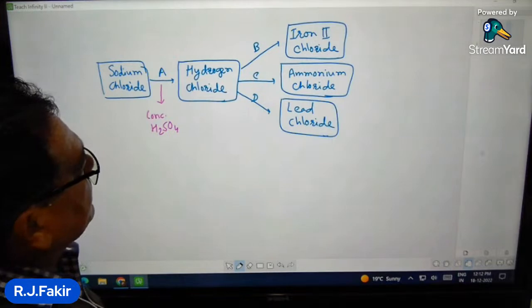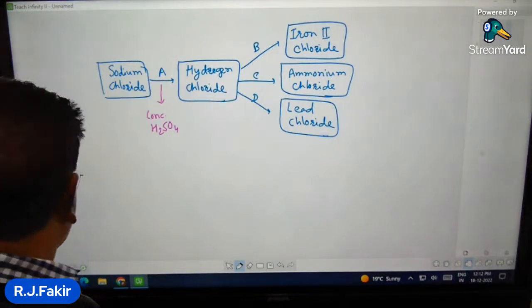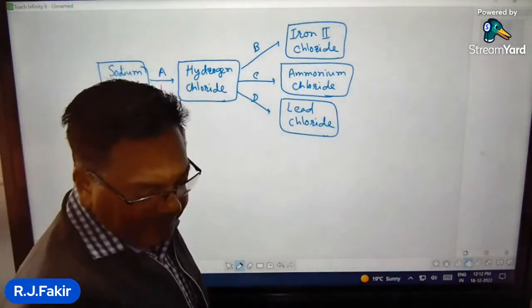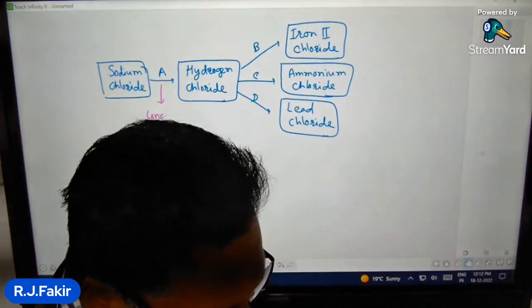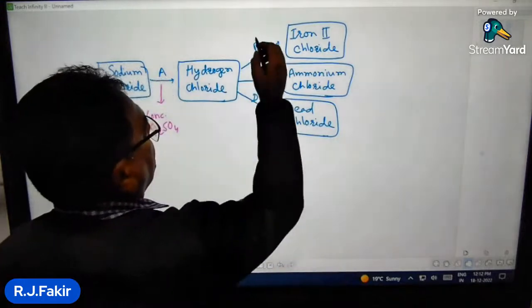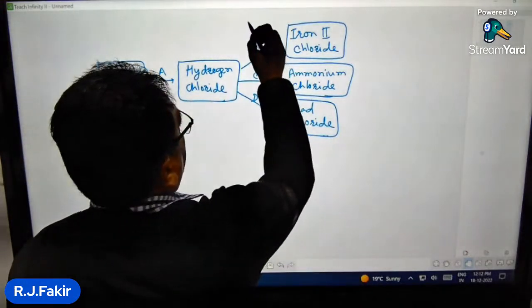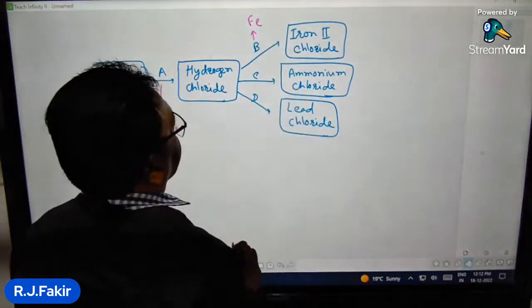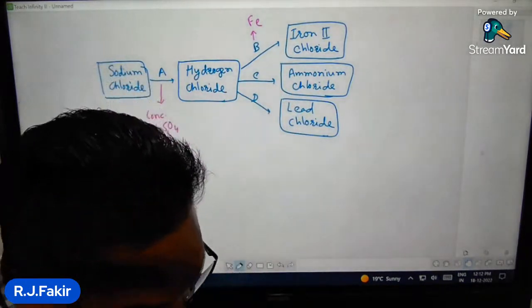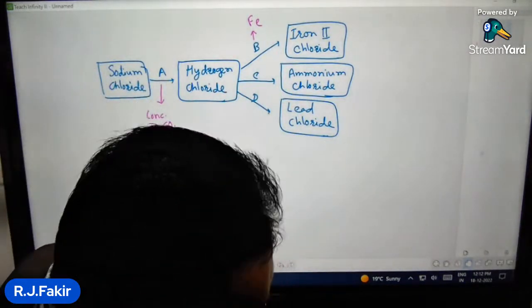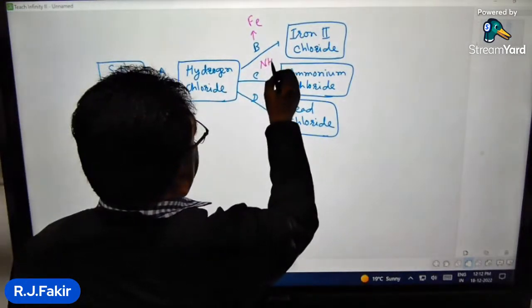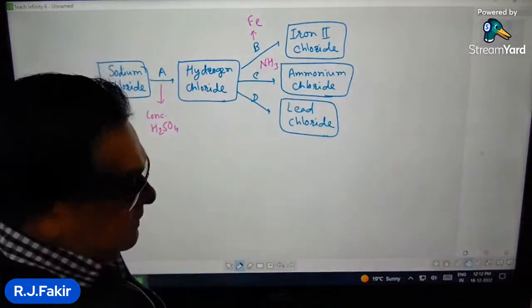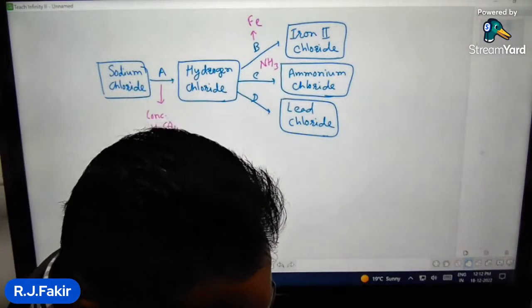Then from hydrogen chloride we have to get iron 2 chloride. So iron 2 chloride, how can we get it? This B should now be iron. What should be C now? C should be ammonia. And what should be D now?